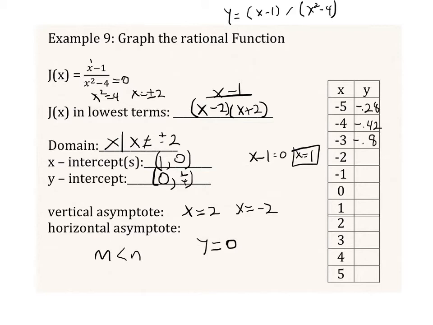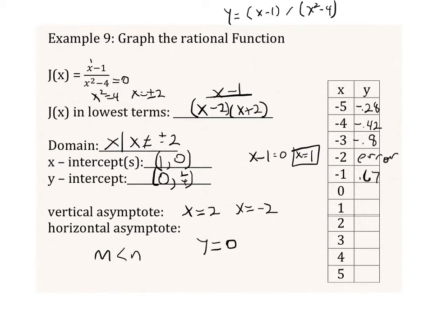And you'll notice at -2, you have an error. Hopefully that makes sense, because at -2, we have an asymptote, which means we have an undefined number, which means we have an error. Okay? As we keep going down, at -1, we're at 0.67.